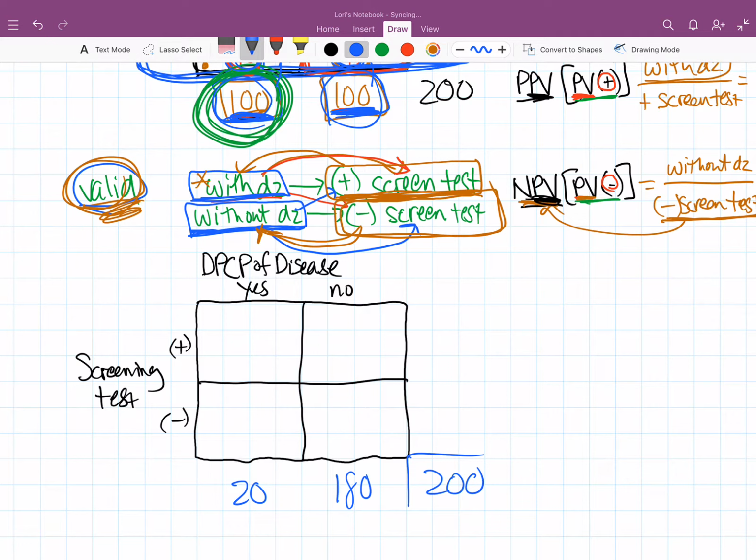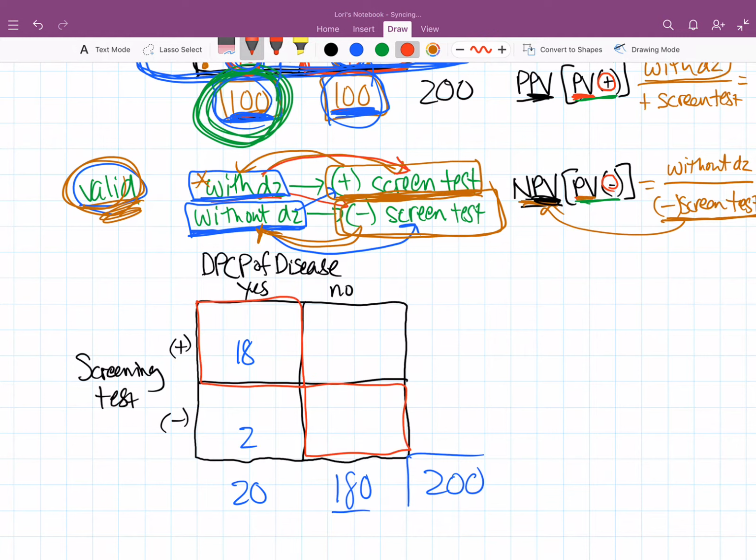Now, if we use the same proportions, remember 90% of them were actually picked up on the screening test. So in this case, we would have 18 of them be picked up, and the other 10%, or 2, we'd miss. That's similar to what we saw in the previous example. Before, 95% of the time we were right when a person didn't have disease. So remember, we want people to be in these two categories here.